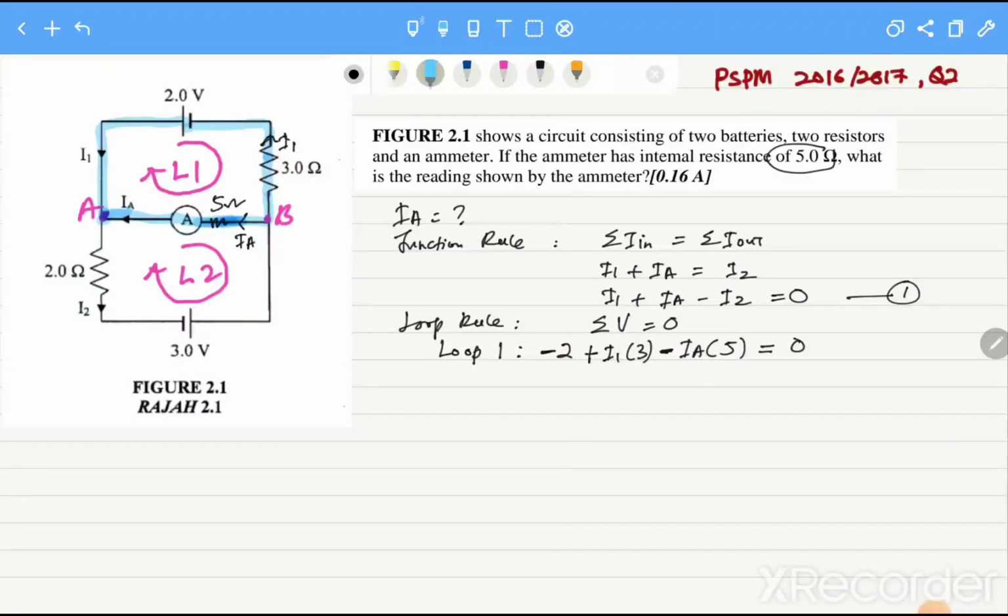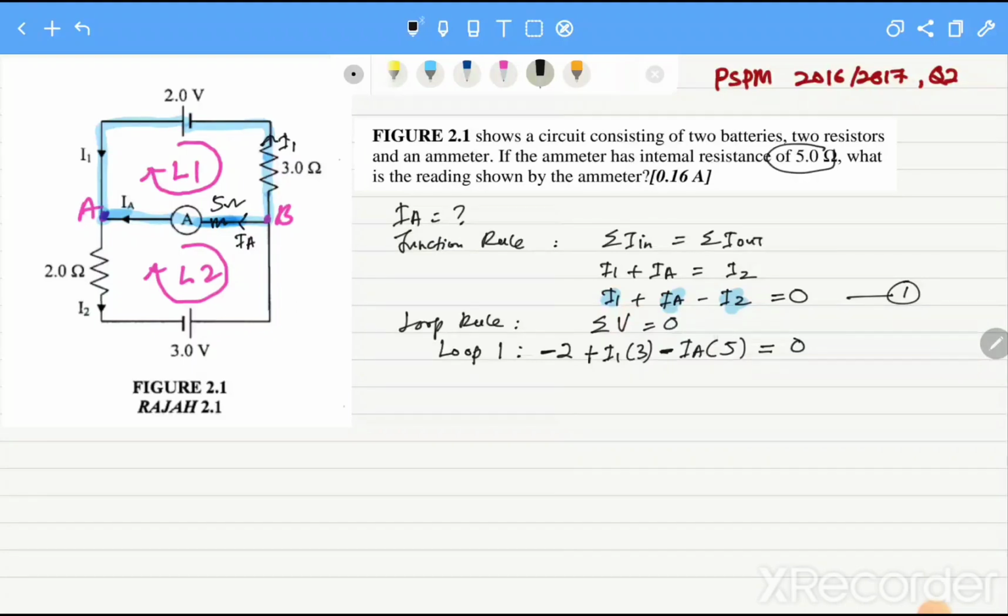Okay, I'm going to solve using the mode equation function in the calculator, so I need to rearrange the equation. Because in the first equation the first variable is I1, and then IA and I2, in the second equation I will arrange in the same sequence.